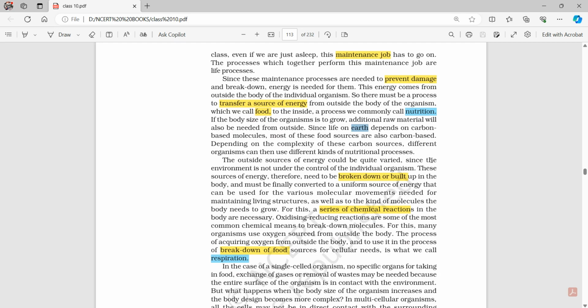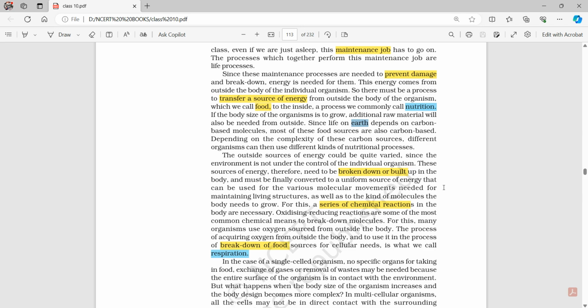If the body size of the organism is to grow, additional raw material will also be needed from outside. Since life on Earth depends on carbon based molecules, most of these food sources are also carbon based. Depending on the complexity of these carbon sources, different organisms can then use different kinds of nutritional processes.